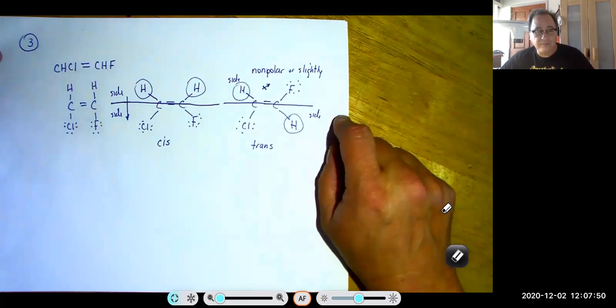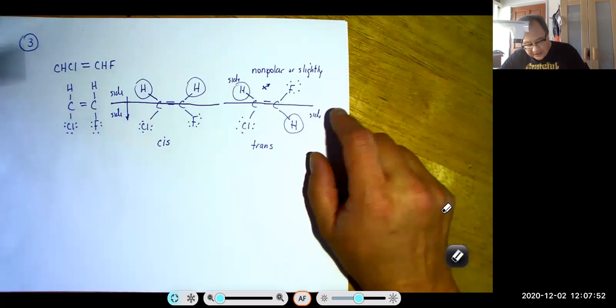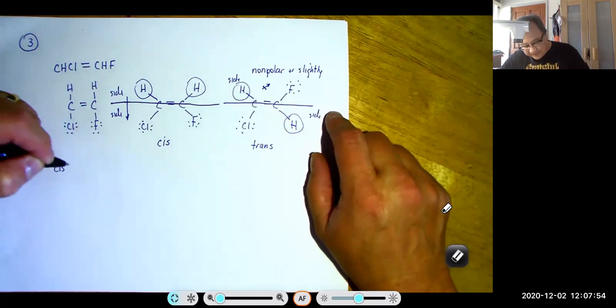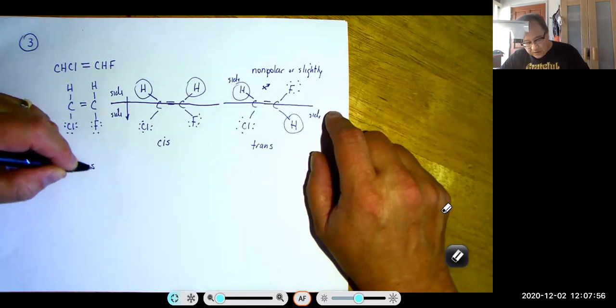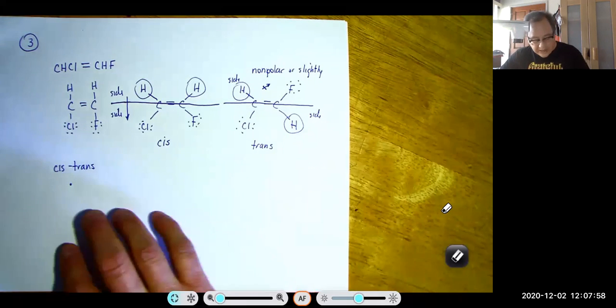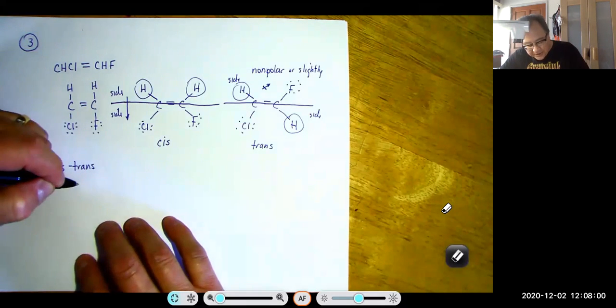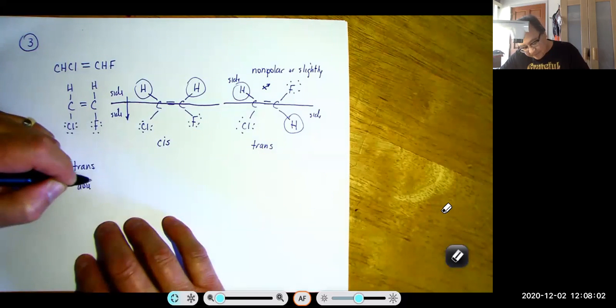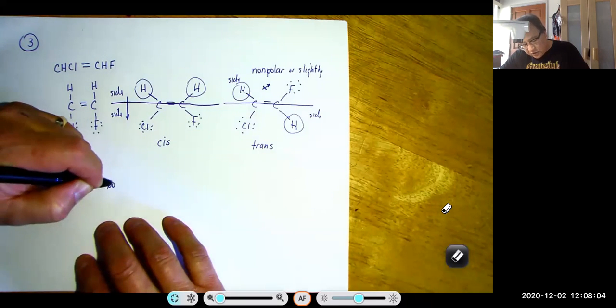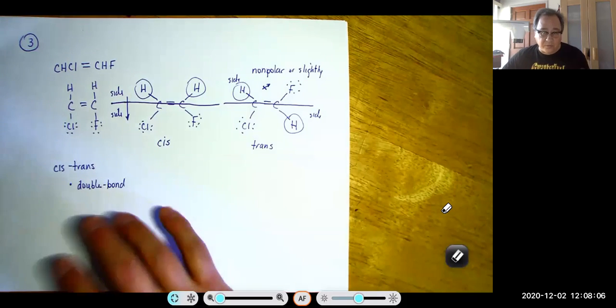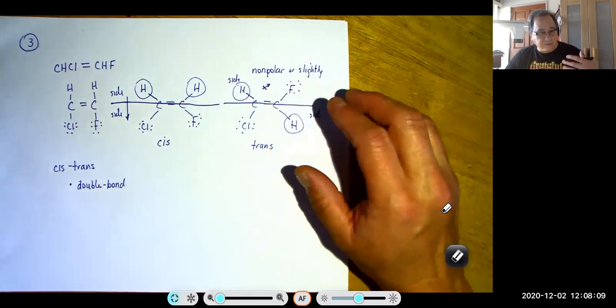So what do you need for cis-trans? Well, we learned in this chapter that for cis-trans, you need a double bond. It turns out you can also get this for rings, but we're not going into that right now.